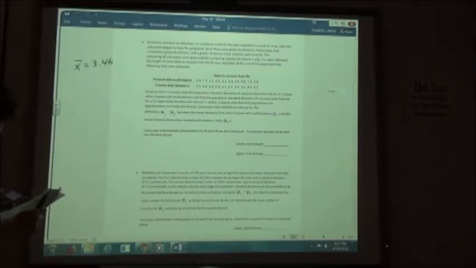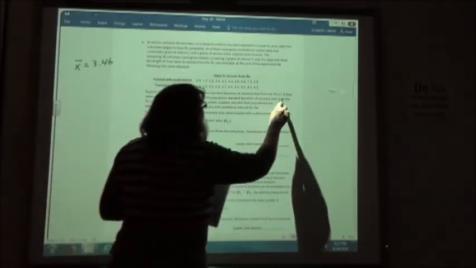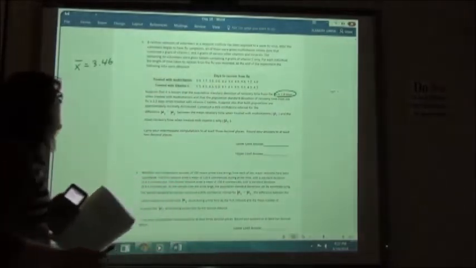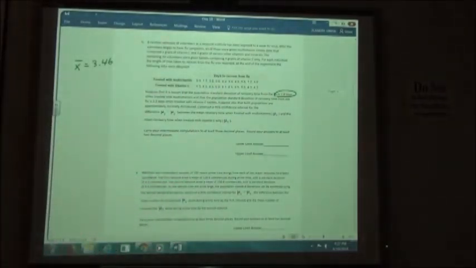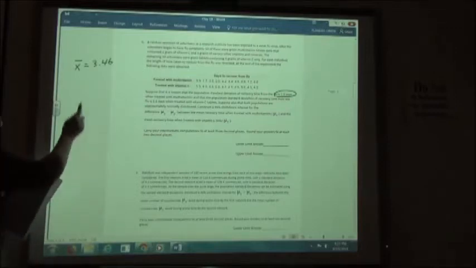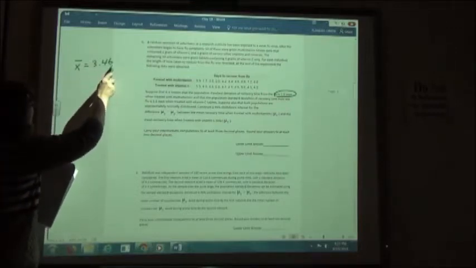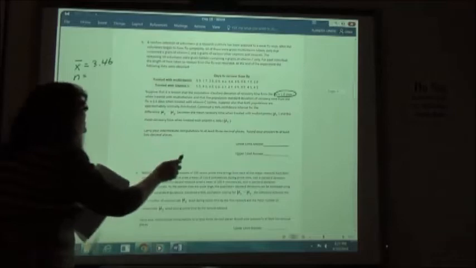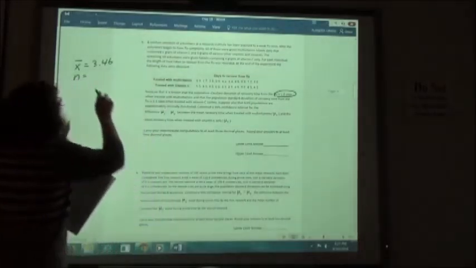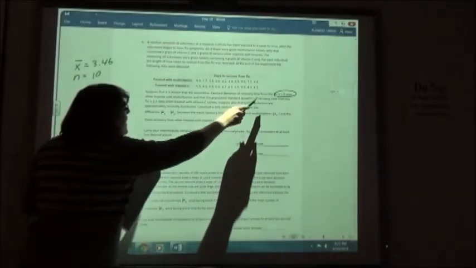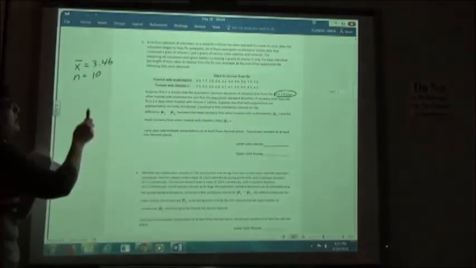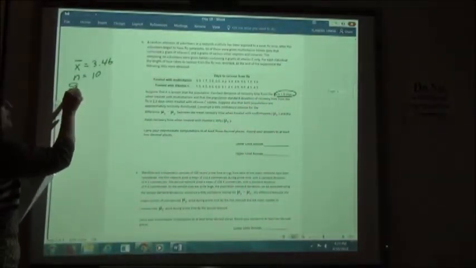Oh, and you have to do the standard deviation. That's why I'm looking. They gave that to me. I just have to do the mean and the n. Well, I could have done that probably faster than doing the list then. Doing my mean, I got that. My n, how many numbers did I have? 10. N says 10. And then they're going to give us the standard deviation. So I'm going to use 1.8.